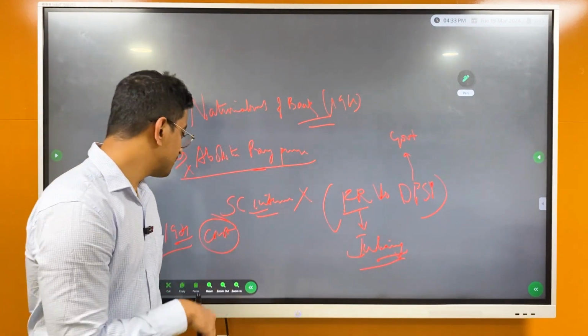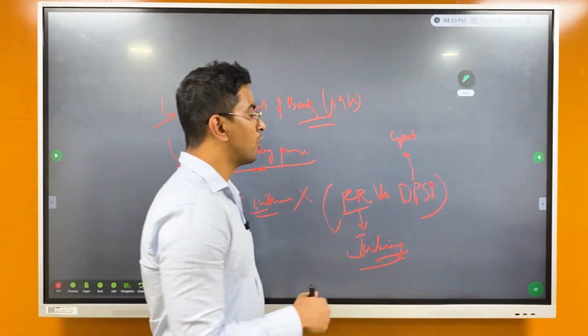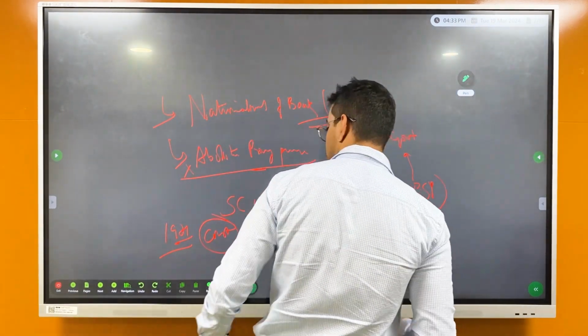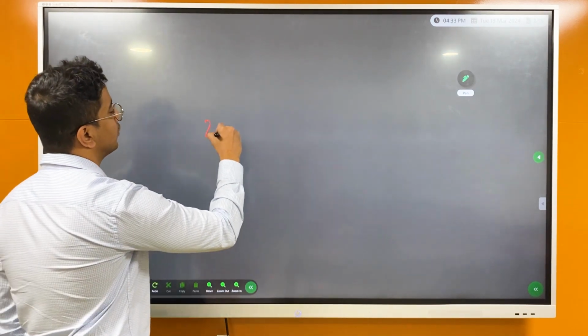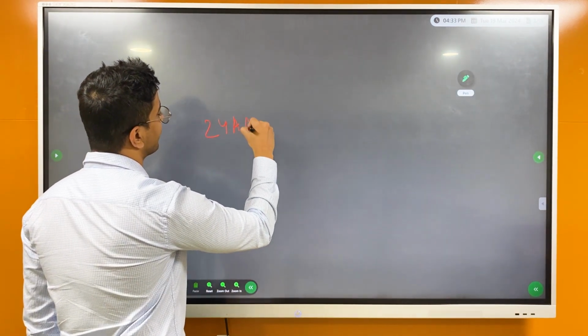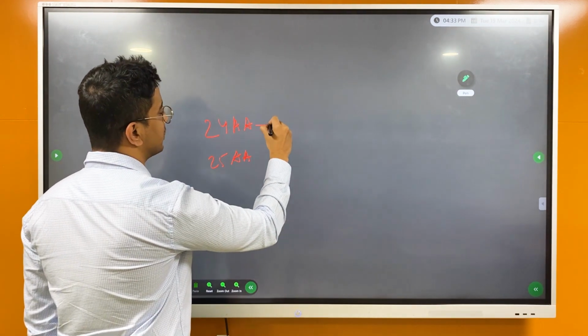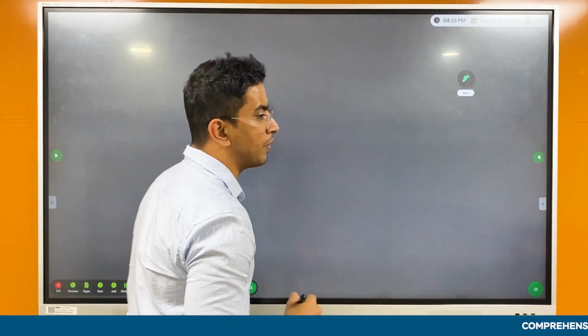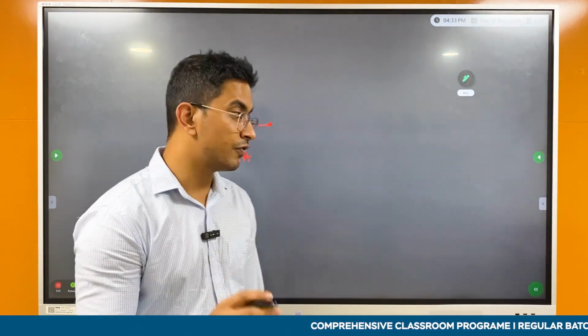Then when the Congress came into power, it brought two new amendments: the 24th Amendment Act and the 25th Amendment Act. This was related to the power of the Parliament to amend any part of the Constitution, even the fundamental rights.